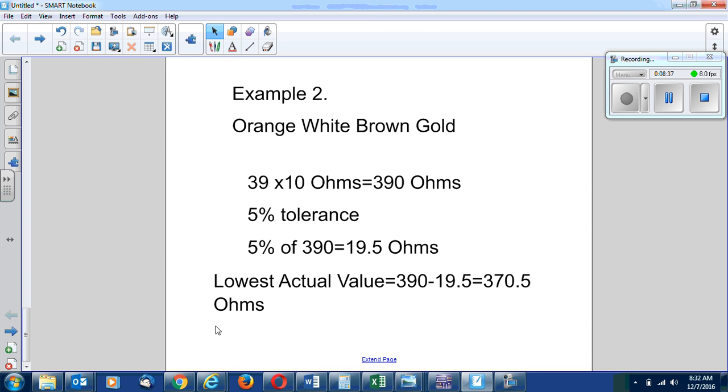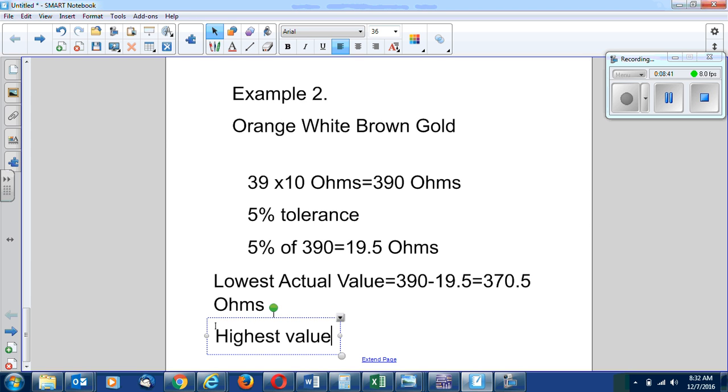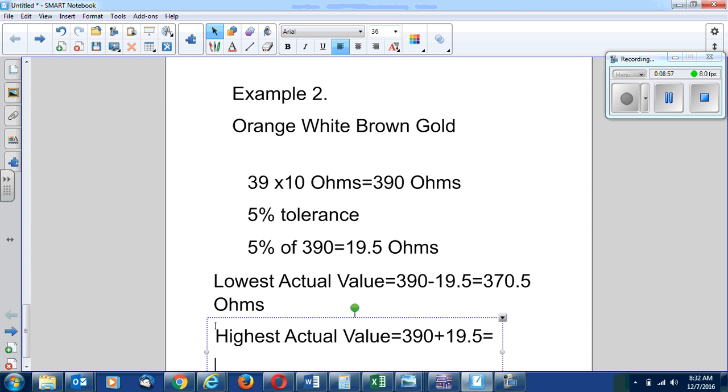And now let's compute the highest one. This is just 390 plus 19.5, and that comes out to 409.5.